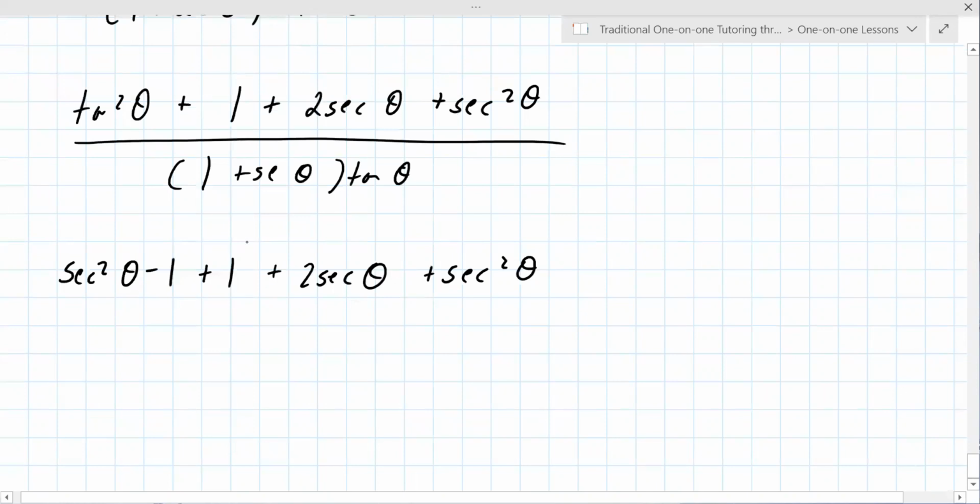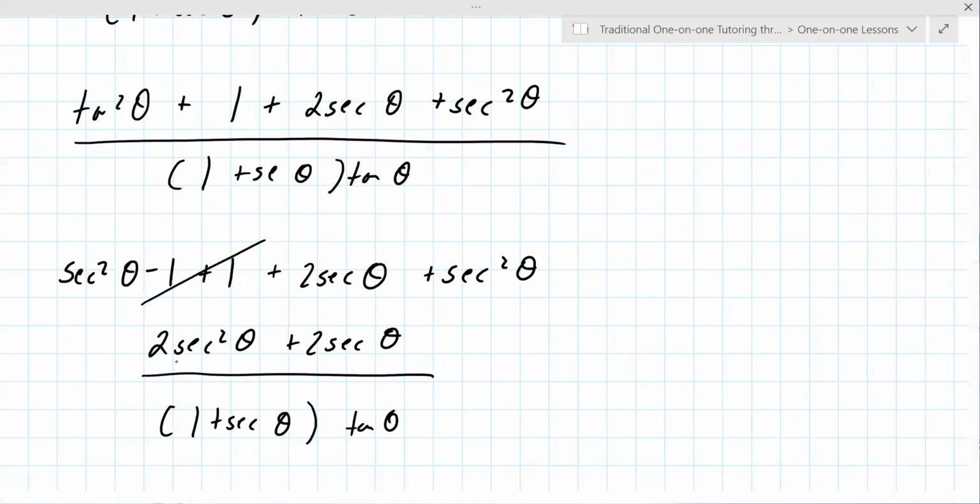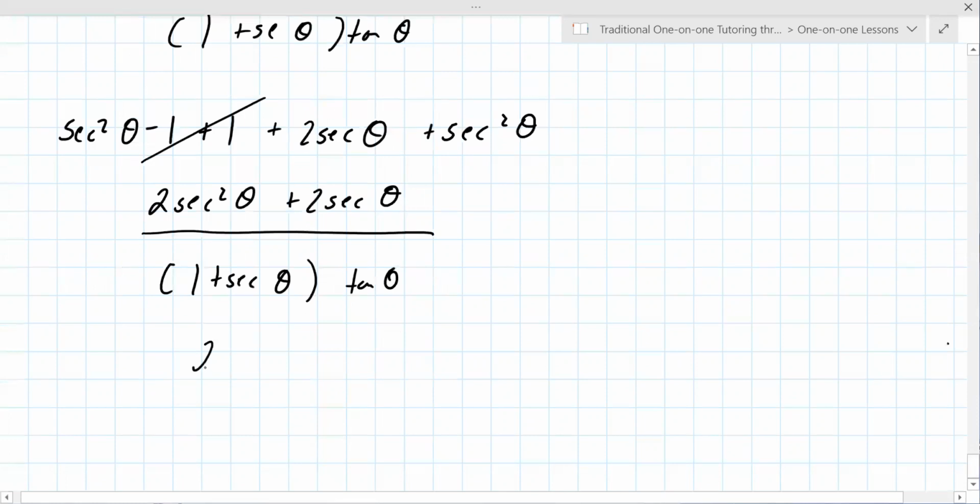So those cancel and you have 2 secant squared theta plus 2 secant theta over this. Now, you can factor out a secant theta. I don't know if that's going to help here, but so 2 secant theta, and then it leaves you a secant theta. You'll be able to cancel out with the bottom, right?